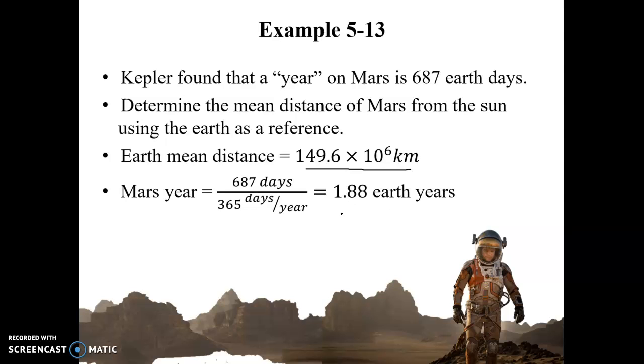And so if 687 Earth days, if we divide that by 365 days per year on Earth, we get 1.88 Earth years. So a year on Mars is 1.88 Earth years.